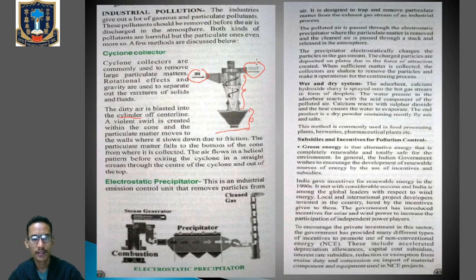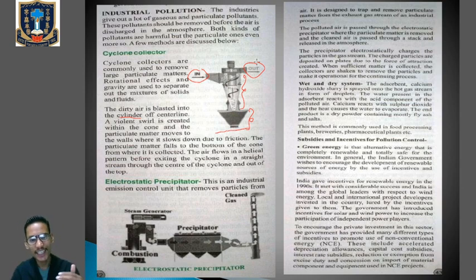Now what happens is that through the inlet, which is also called the tangential inlet, the air containing particulate matter of higher size will enter the cyclone collector. As we mentioned, rotational effects and gravity are used to separate out the mixture of solids and fluids.